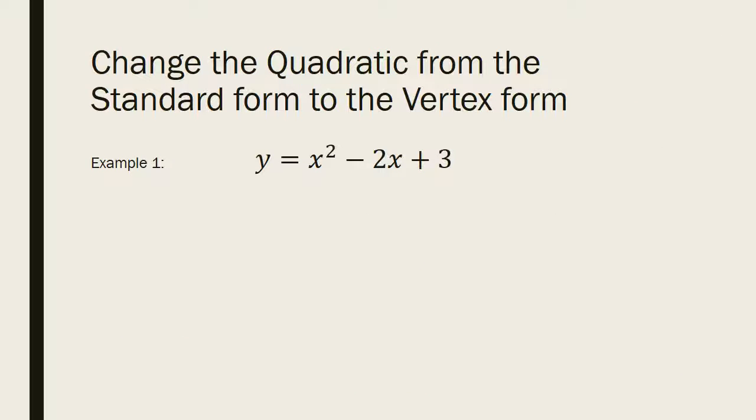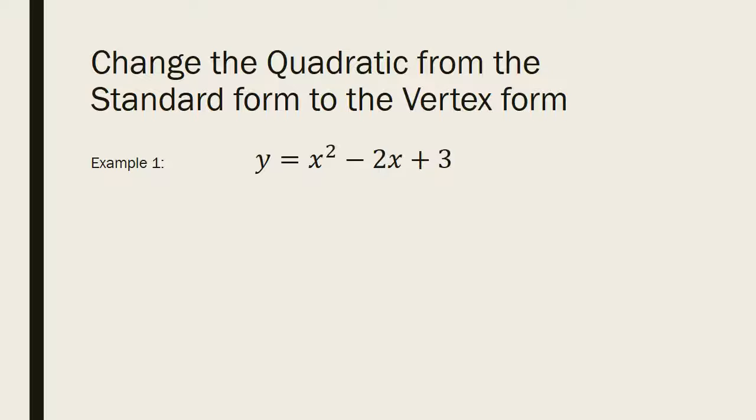So let's take a look at our first example. We have to change the standard form of this quadratic into the vertex form, and I'm going to use completing the square to do it. There are certain steps that you need to take to do this correctly. So let's start.